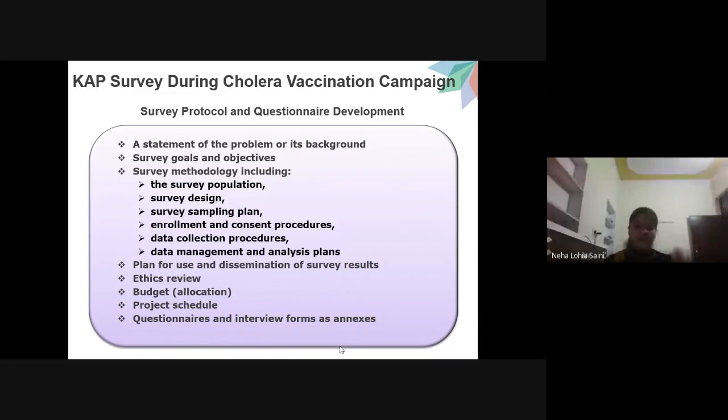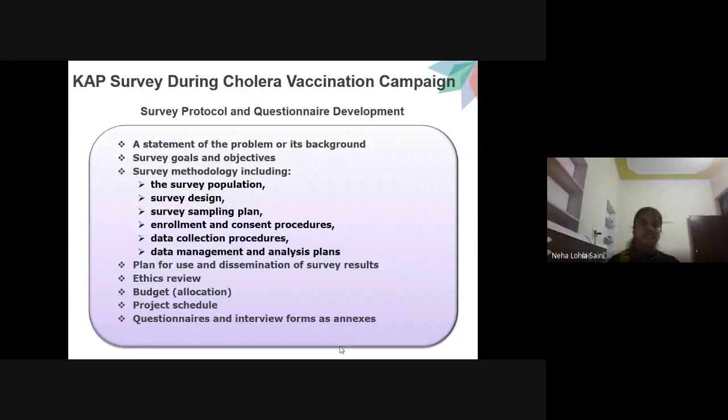Further, after doing the survey, a plan for use and dissemination of survey results. After analysis, we have to decide how we are going to disseminate the survey results. Then we have the ethics review, the budget, project schedule, and questionnaires and interview forms as annexures.